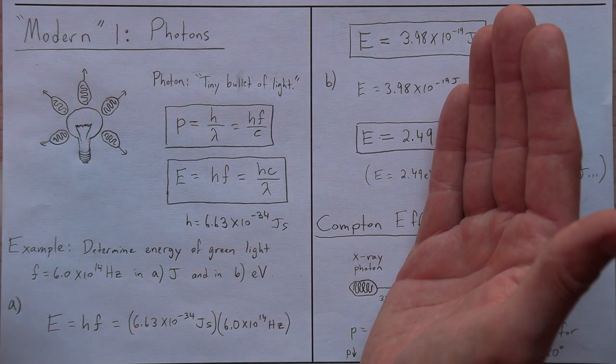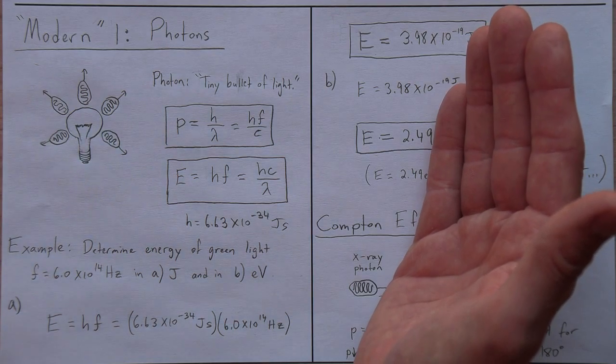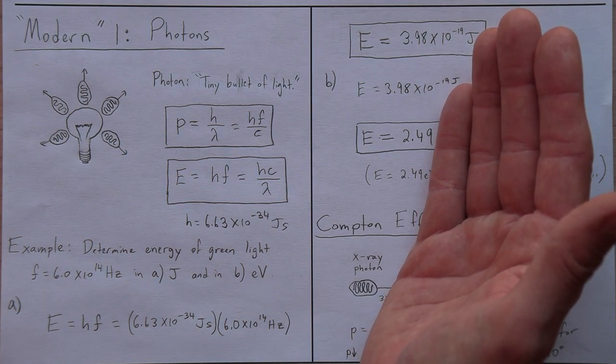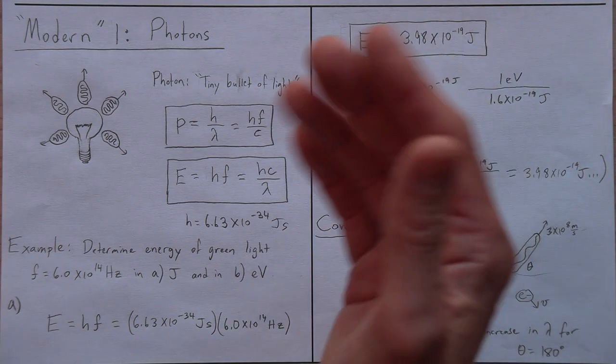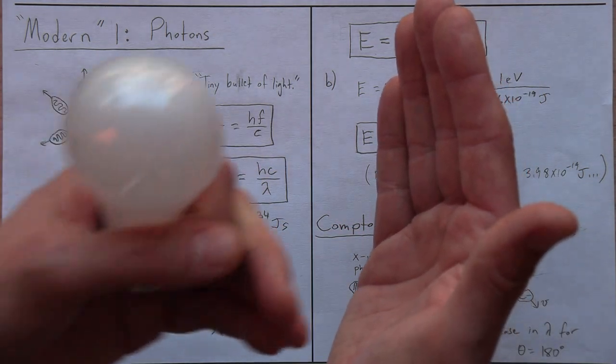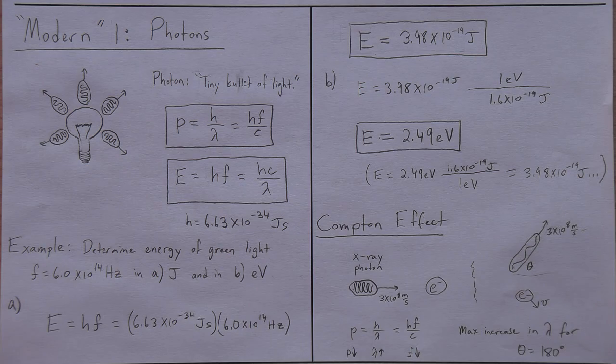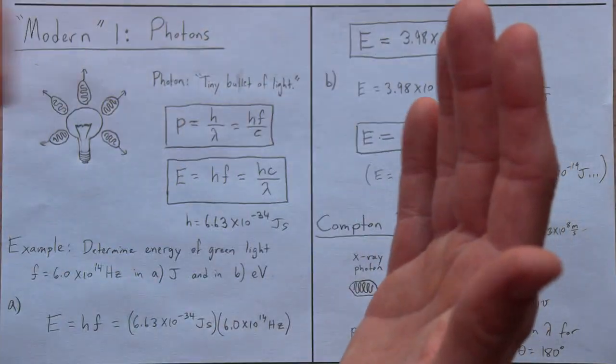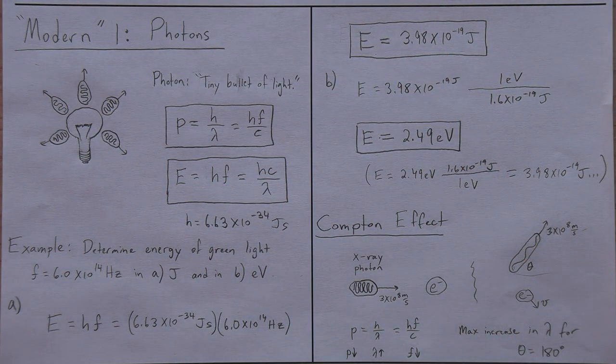What I need to do is turn on a green light bulb and have not millions, not trillions, I ran out of words, countless photons hit my hand, and then I would feel a warm, gentle glow. So this is why when you turn on a light bulb, you don't feel the bullets hitting you. Each bullet is minuscule. You need countless of them to hit you continuously, and then you perceive a very slight warm sensation. You don't feel the boom, boom, boom over and over again. Okay? So we don't feel the photon nature.